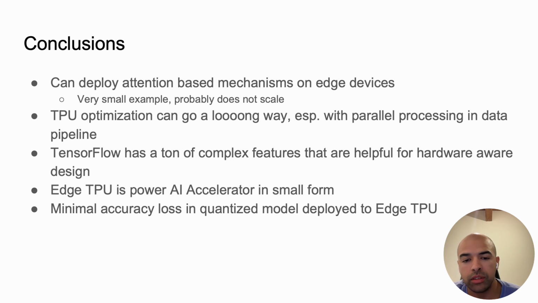TPU optimization can go a very, very long way, especially with parallel processing and data pipeline. And I'm sure this applies to other hardware accelerators as well. It's just TPUs are most accessible. So it's very cool to get to utilize that and see all the support that TensorFlow has for this parallel processing and TPU specifically. So I learned a lot about TensorFlow that I didn't know before.